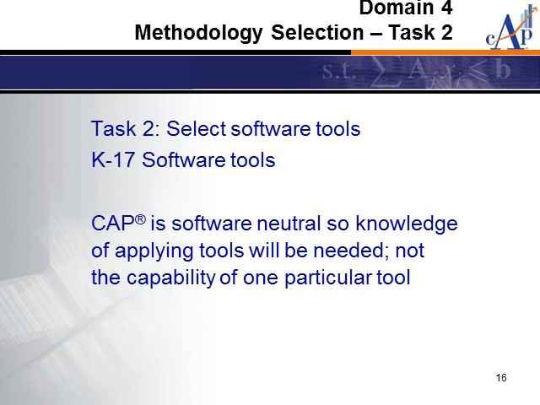Also, a disclaimer: CAP and INFORMS are software neutral by intent, so I won't be mentioning any software, and we're not going to discuss any particular name. But in general, there has to be an alignment of the methods you choose and the available software, its capacity, and the data availability. All these go into making a selection.